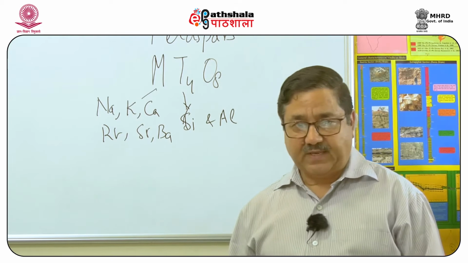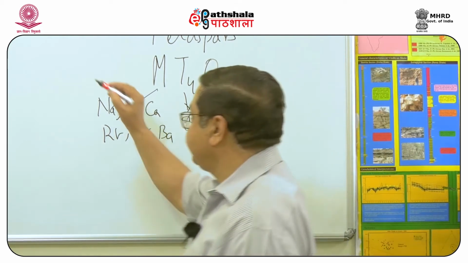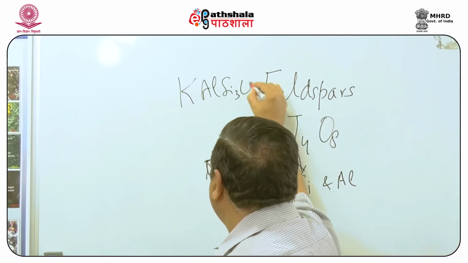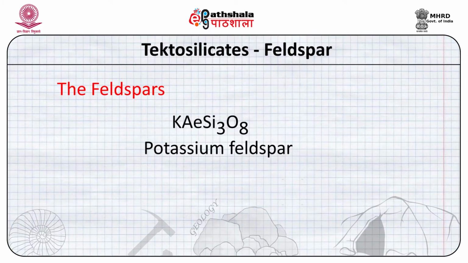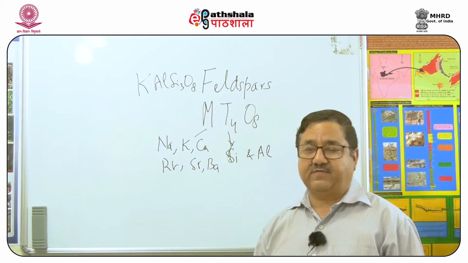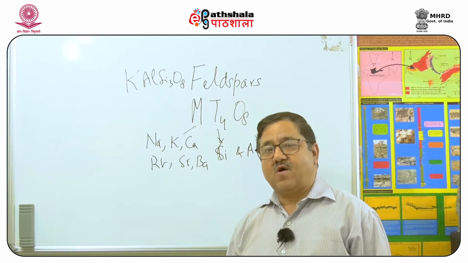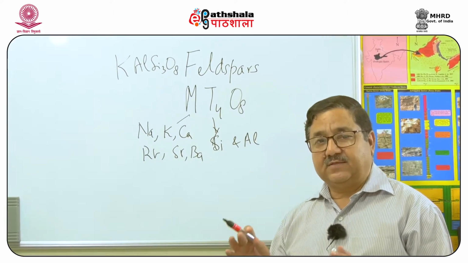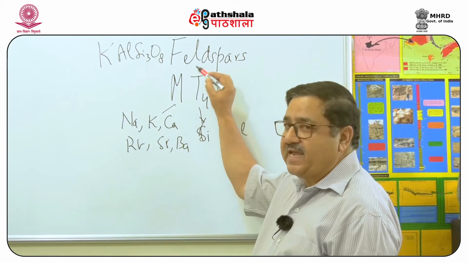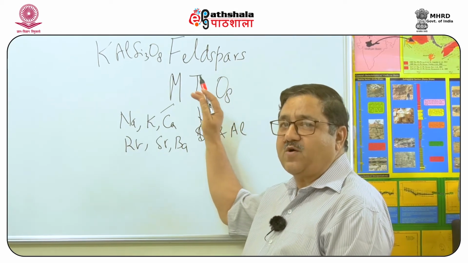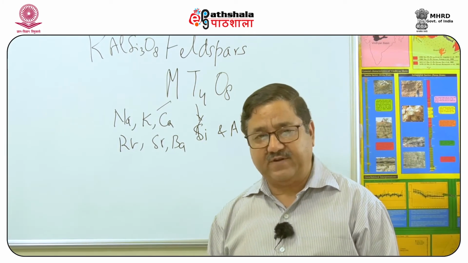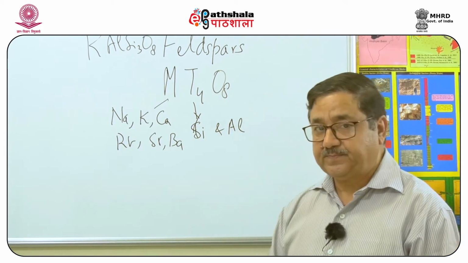For example, if we look at this potassium feldspar, the high temperature variant of this feldspar contains on an average randomly distributed 25% aluminum, which can be there on any of these tetrahedral sites, and on an average 50% silicon.